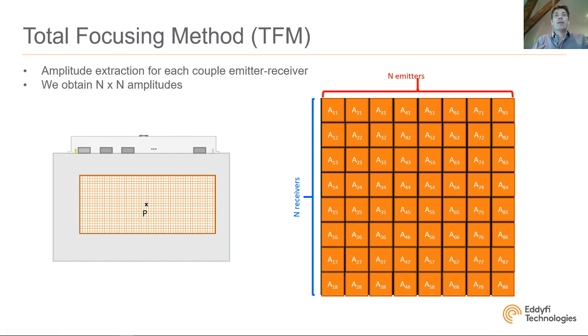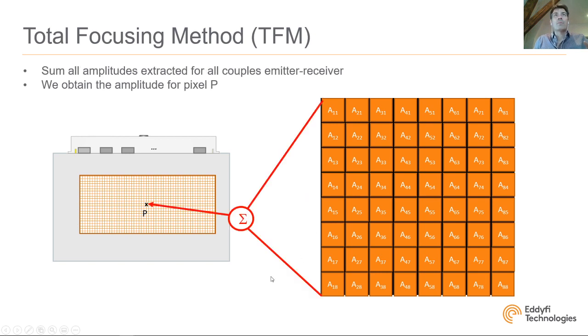So let's say we go back to our 64 element probe, we have 4096 signals, so we're going to have 4096 amplitudes. And what do we do with those amplitudes? Well, we sum all of them for that particular pixel, and you obtain the amplitude for that pixel. So we have acquired 4096 signals, extracted 4096 amplitudes, and now we have 1 pixel.